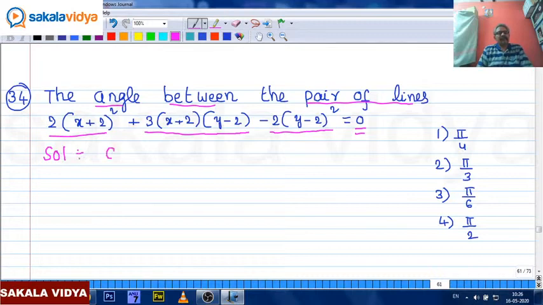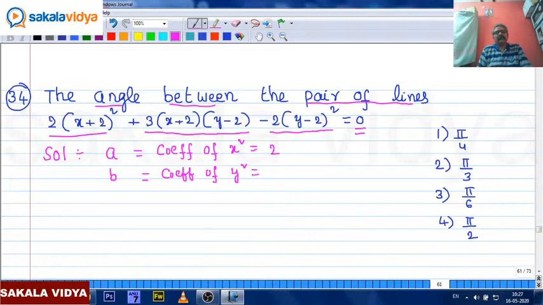So first, a stands for the coefficient of x square. Without expanding, directly write the x square coefficient is 2. In the middle term we won't get any x square coefficient; from the last term we will get the coefficient of y square. B equals the coefficient of y square.